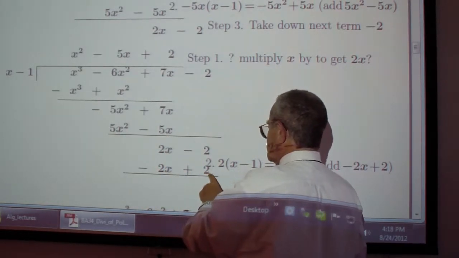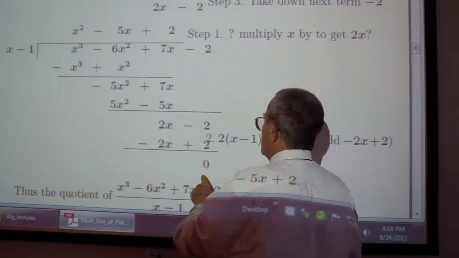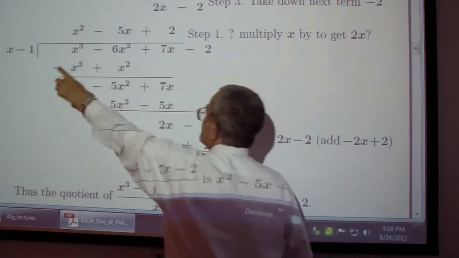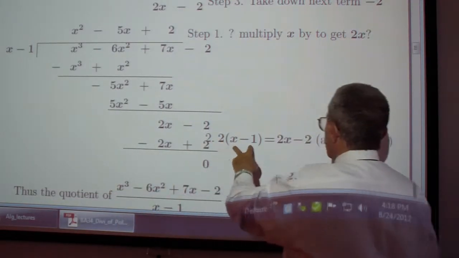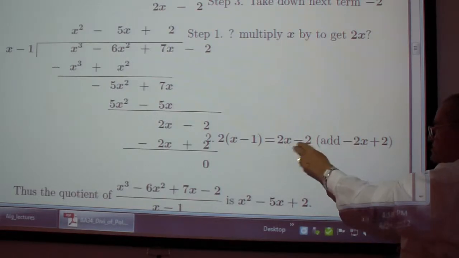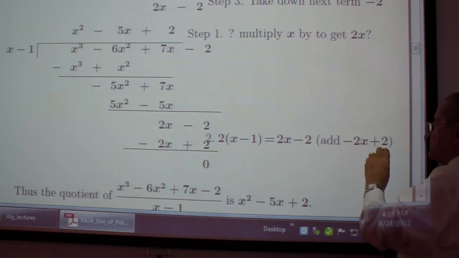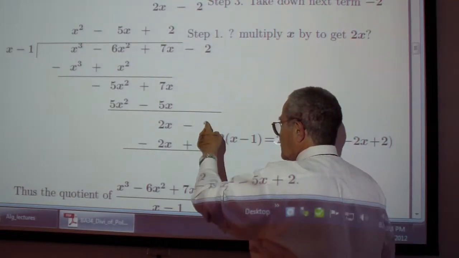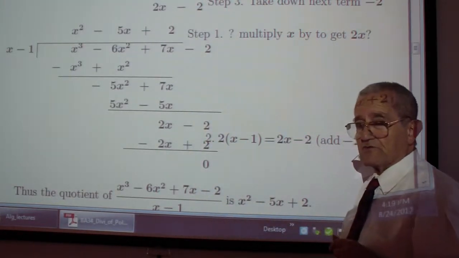Answer, positive 2. Multiply 2 by x minus 1, you get 2x minus 2. Add the opposites because we are really subtracting. So add negative 2x plus 2. And it just so happens that you have no remainder.